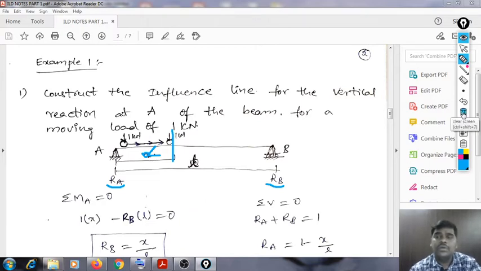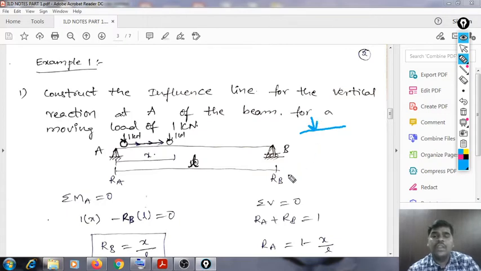Treating it as a simply supported beam with a 1 kilonewton point load, we know that RA plus RB is equal to 1 according to the basic equilibrium equations, and sigma MA is equal to 0, that is 1 into X minus RB into L is equal to 0.